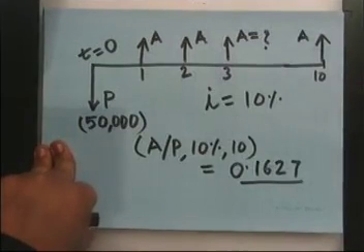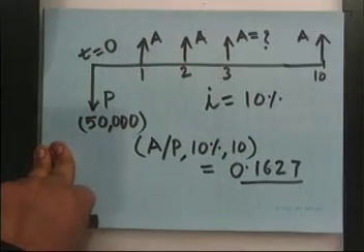So, you can see same problem you can twist in numerous of ways. The problem I have chosen just to illustrate you the application of interest factor formulas as well as interest factor tables.